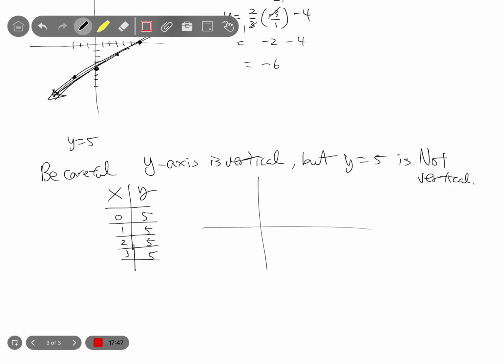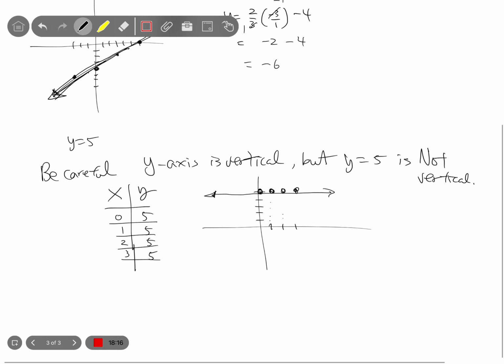Plot those points. 0, 5; 1, 5; 2, 5. And notice, see all the points lined up in a row horizontally. So be very careful. When you have y equal to 5, it is actually a horizontal line, not just because the y-axis is vertical.